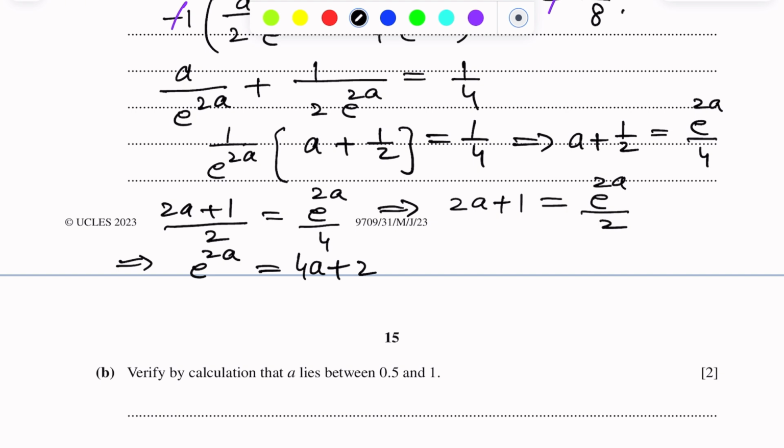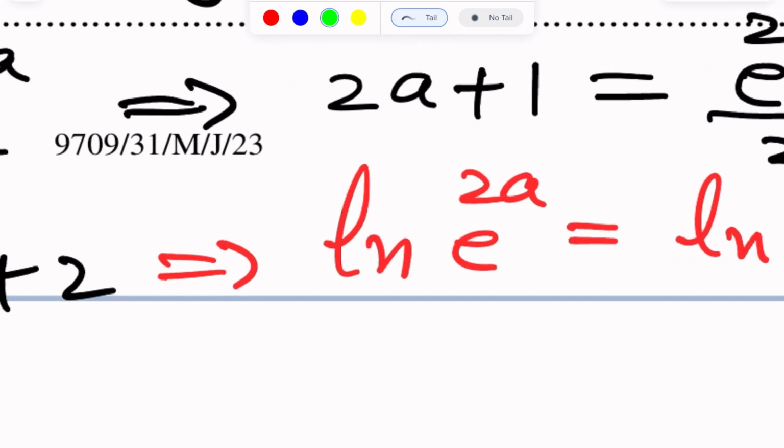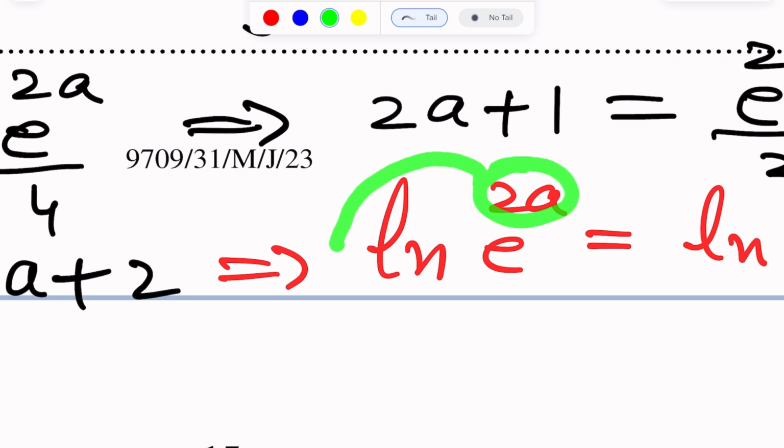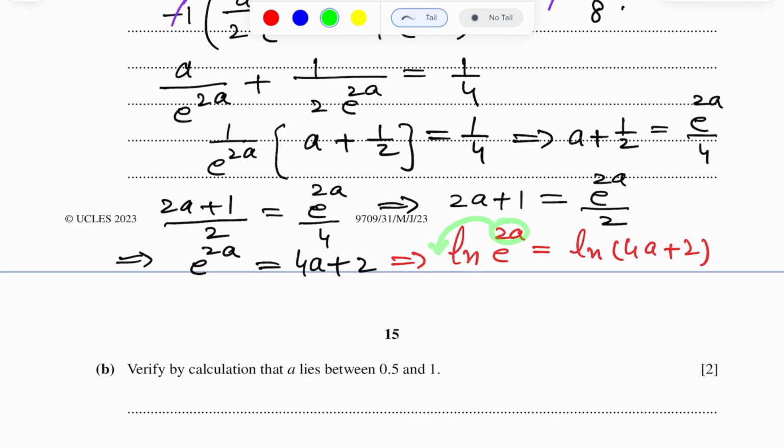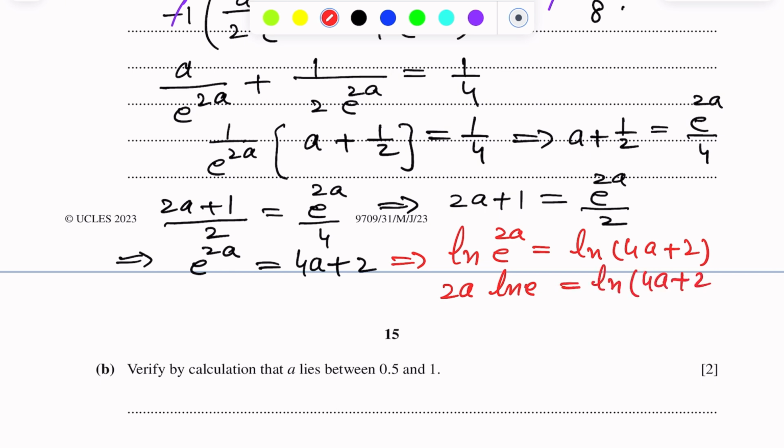Now taking log on each side, log e power 2a is equal to log 4a plus 2. Now using the log property, this 2a comes down. It becomes 2a log e is equal to log 4a plus 2.